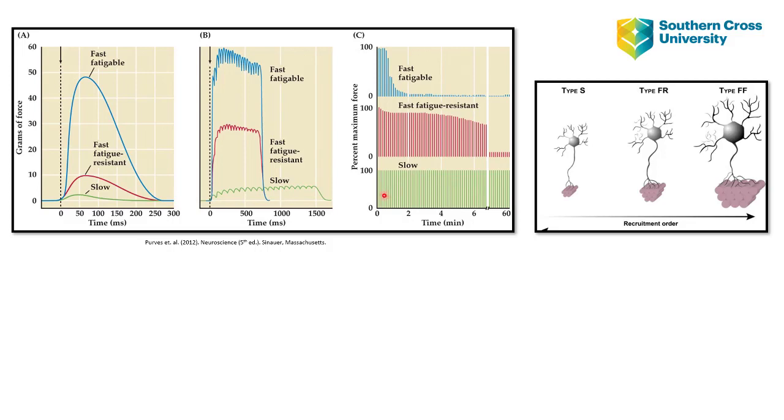And whether that is a powerful movement or a slow ramp up movement, what will end up happening is we recruit all of those small motor units, the slow fatigue resistant ones. Whereas with our intermediate or fast fatigue resistant, they then start to fatigue slowly over time, as you can see here.